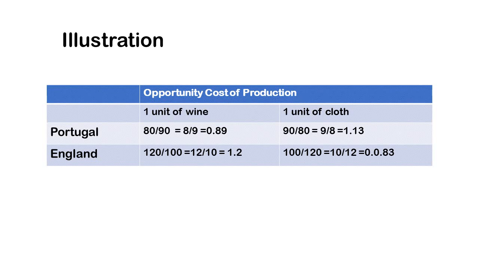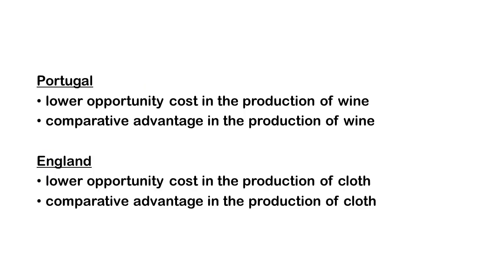So the opportunity cost of producing 1 unit of wine for England is 1.2 units, and for England the opportunity cost of producing 1 unit of cloth is 0.83 units of wine. So as far as the production of wine is considered, we can see that Portugal has lower opportunity cost of production. In the case of cloth, England has lower opportunity cost of production.